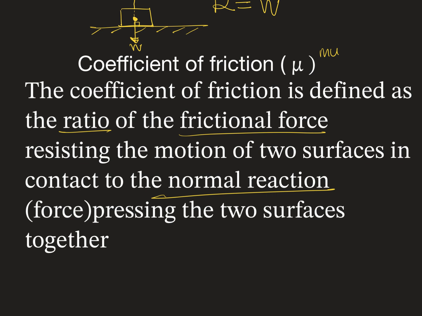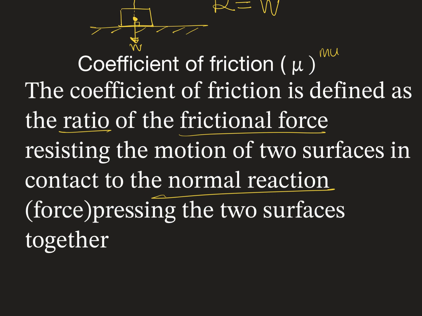If the coefficient of friction is high, it means that the force required to move the object will be high. If the coefficient of friction is low, it means that the force required to move the object along the surface will also be low.